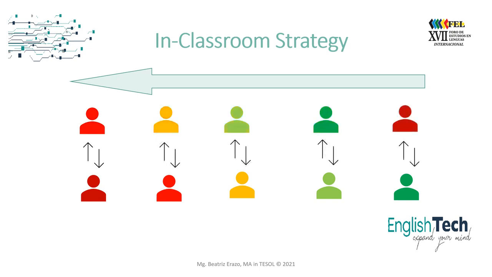And they will repeat the procedure, but this time they are going to be the others moving, so that makes it different. And students can continue practicing again and again, and they're going to do it with different people. So it's not going to be the same dialogue each time.